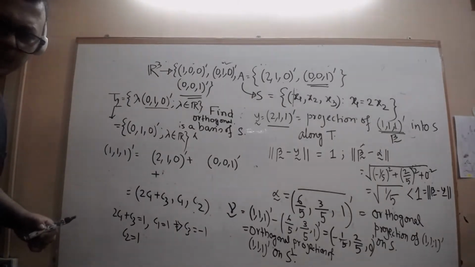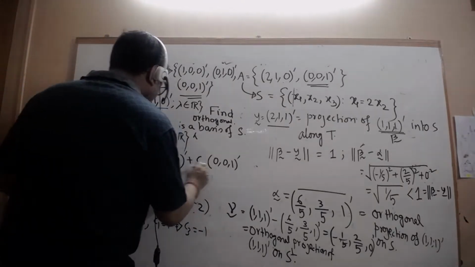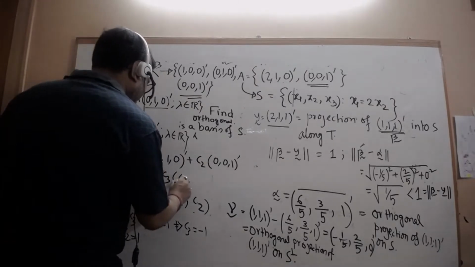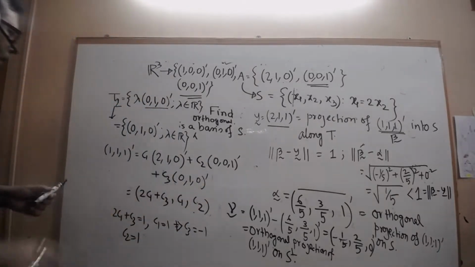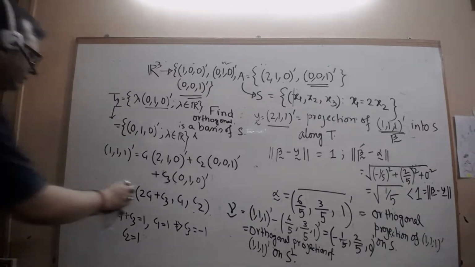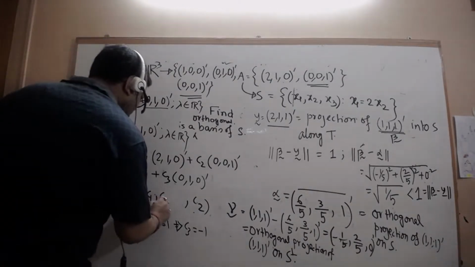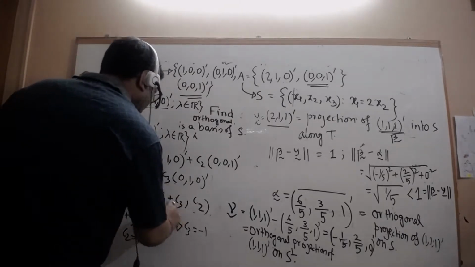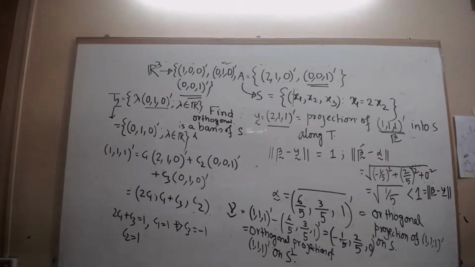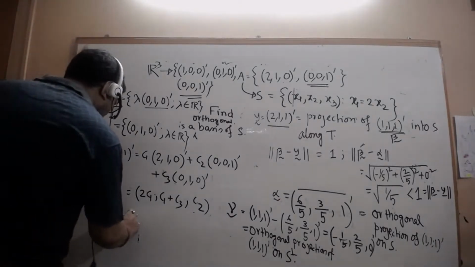This means you people follow me. Okay, so please find my mistake. (0, 1, 0)' means 2C1 plus C3, so 2C1 equal to 1.